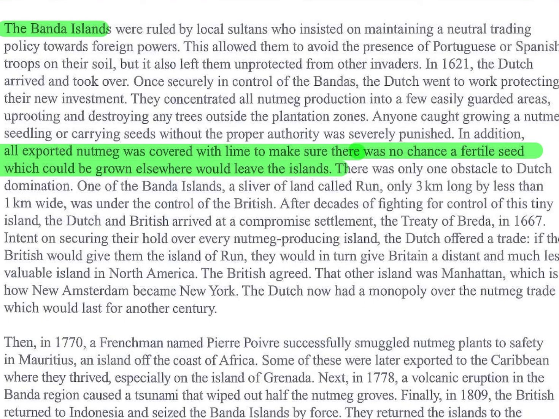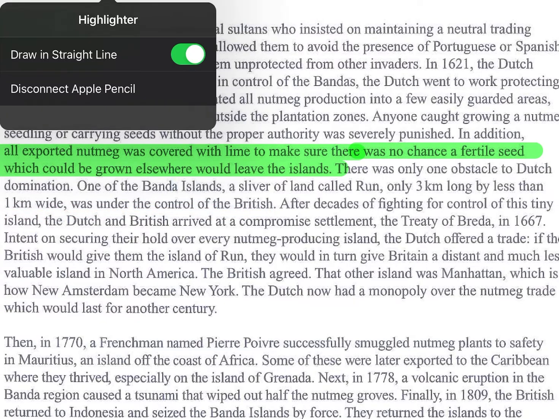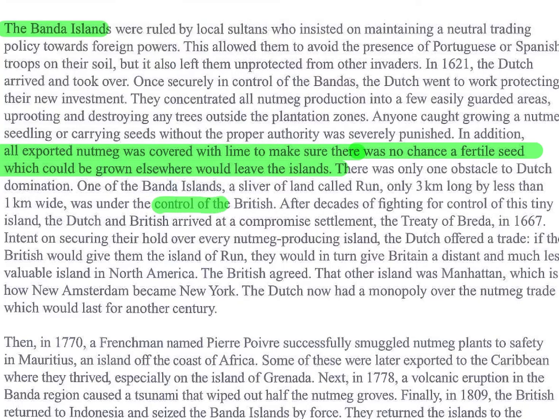Let's get back to the passage. So we found the control of the British.